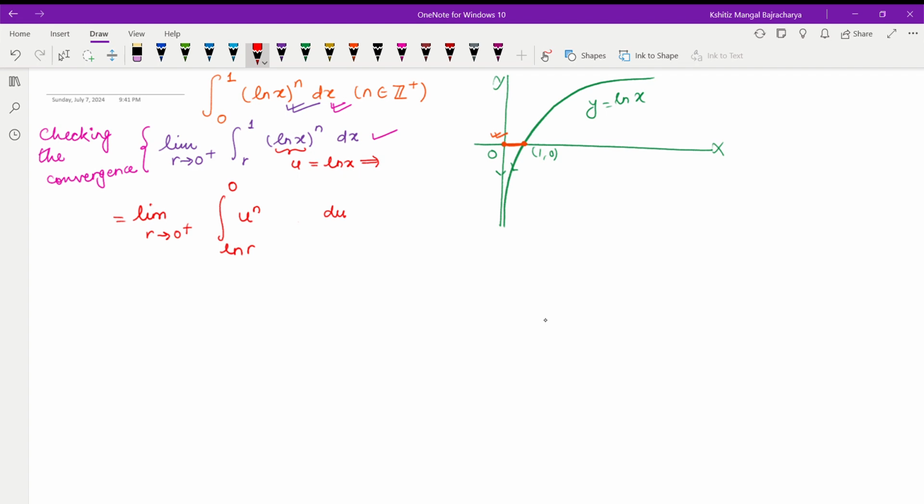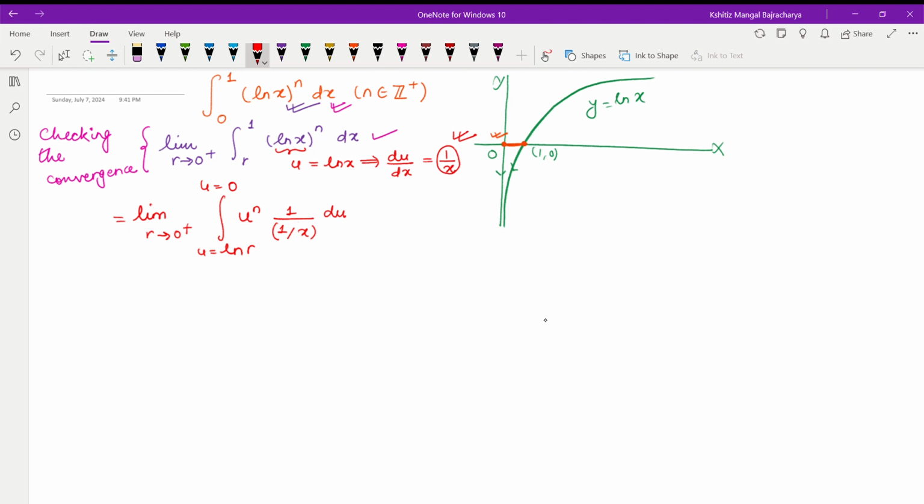For this, we need to evaluate the derivative of u with respect to x, and we have 1 over x right here. So the substitution factor is 1 over x, and we need to divide the integrand by the substitution factor like this. So this is u equals log r and u equals 0.